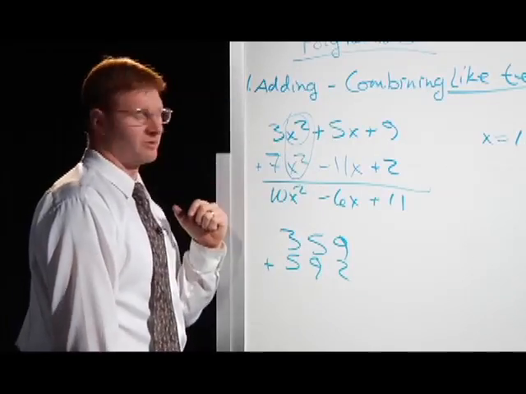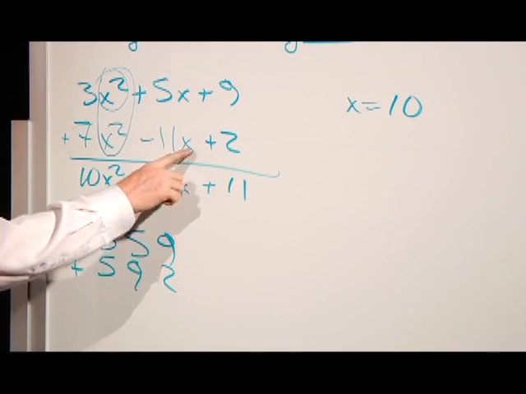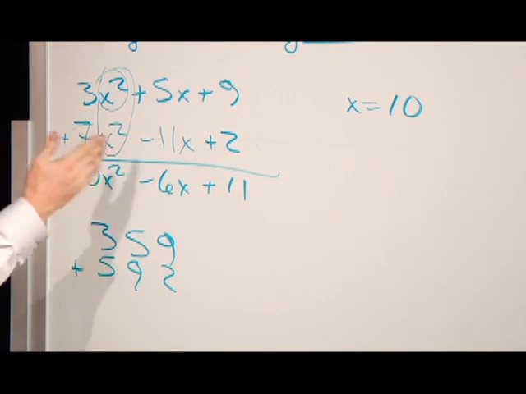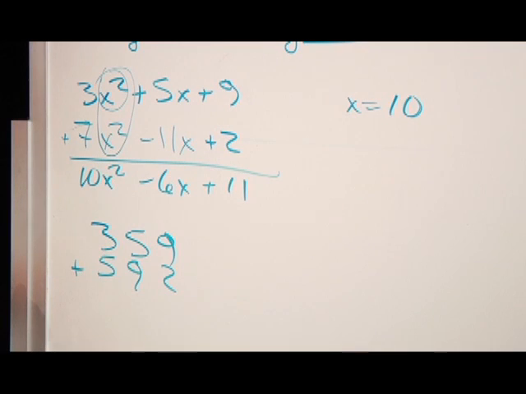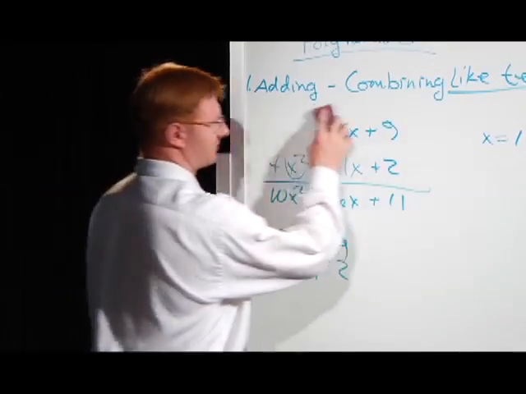This problem and that problem are the same thing if x is 10. These are simply placeholders. Remember, we have the ones column, the tens column, the hundreds column, the thousands column. A polynomial is actually a generalized version of what we do in our decimal system. So don't tell your students that. They will not appreciate it.